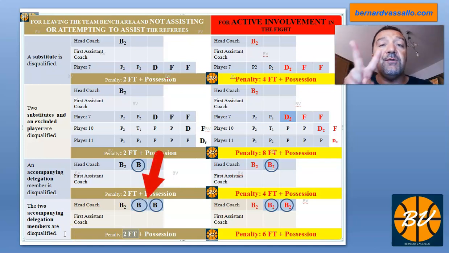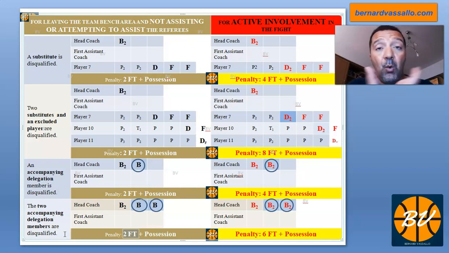Yes, but those 2 circled Bs, as I said before, signify the disqualification of each one of those 2 delegation members, and do not tally with the summation of technical fouls for the disqualification of the coach. Therefore, technically, in that situation there's only one technical foul for the coach, the B2 foul, which is shown on the score sheet.